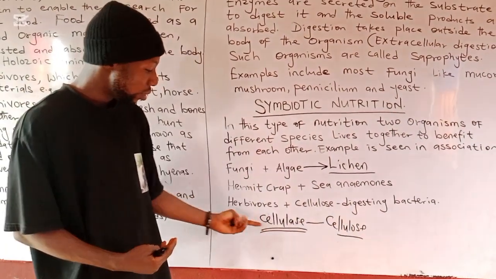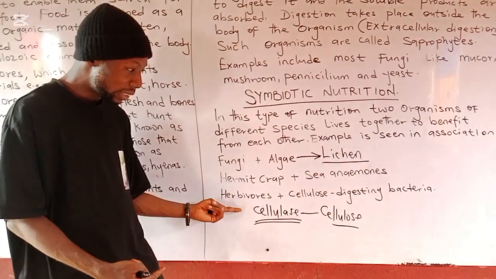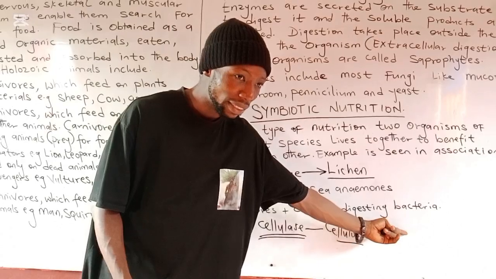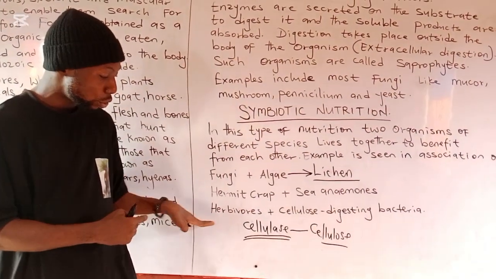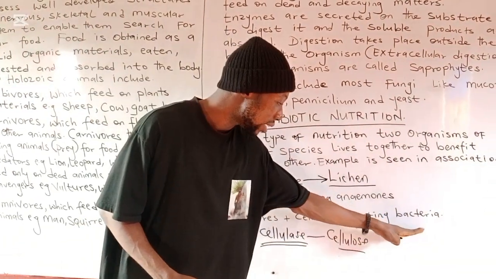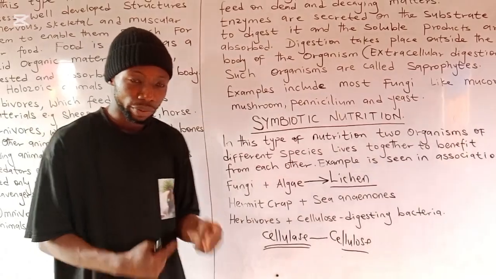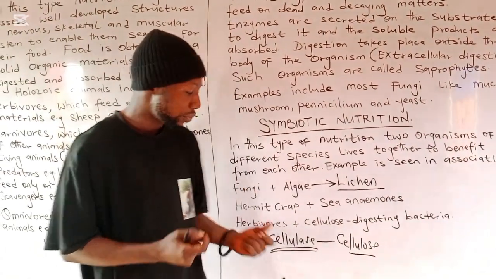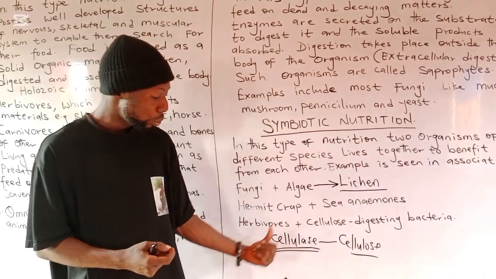The herbivore feeds on grasses to provide food for itself and for the bacteria. Remember, the food at that point is not useful to the herbivore until the bacteria act on it and convert it to smaller units for absorption, and that's when the cellulose becomes nutritious to the herbivore.